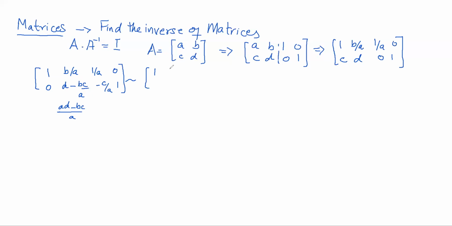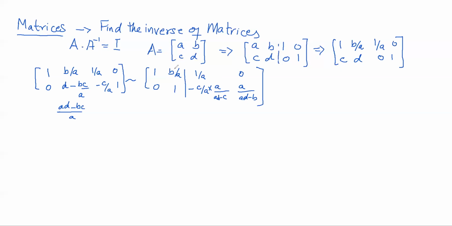So the first row is 1, B over A, 1 over A, 0, and the second row is 0, 1, then minus C over A times A over AD minus BC, which is minus C over AD minus BC, and then A over AD minus BC.